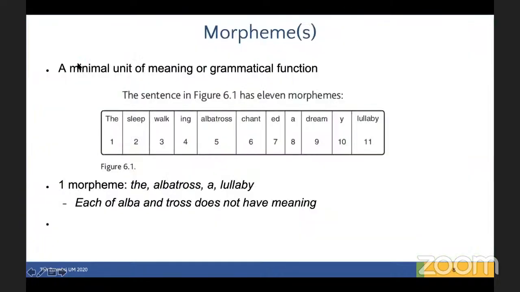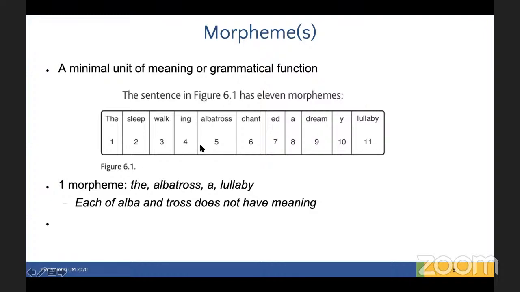So this is the answer. The definition of morpheme is the minimal unit of meaning or grammatical function. So the smallest unit of meaning, which has grammatical function.